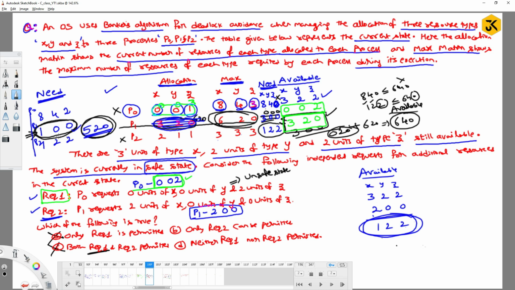But the thing is, as you are not subtracting 100 from the availability, I will directly add the actual allocated. So which will be 642, guys. So you might get confused here. Just think once, right? Instead of subtracting 100 from here, try to observe what I am trying to do. 122, I am trying to subtract it from here, so that you get 022.